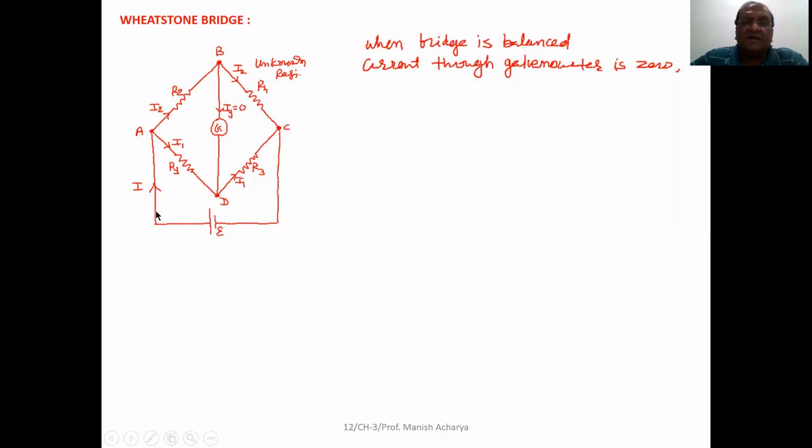So here when the current I enters this junction A, now suppose it is divided in two parts, I1 in branch AD and I2 in branch AB. Now B to D or D to B, there is no current.